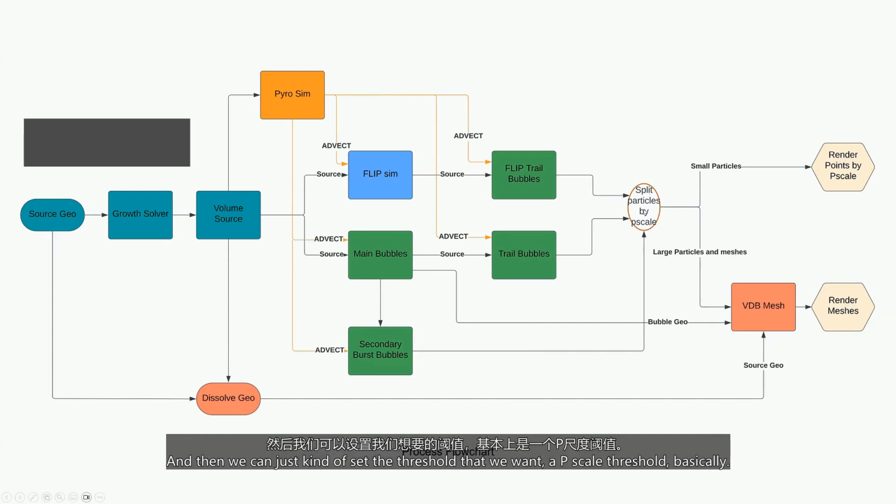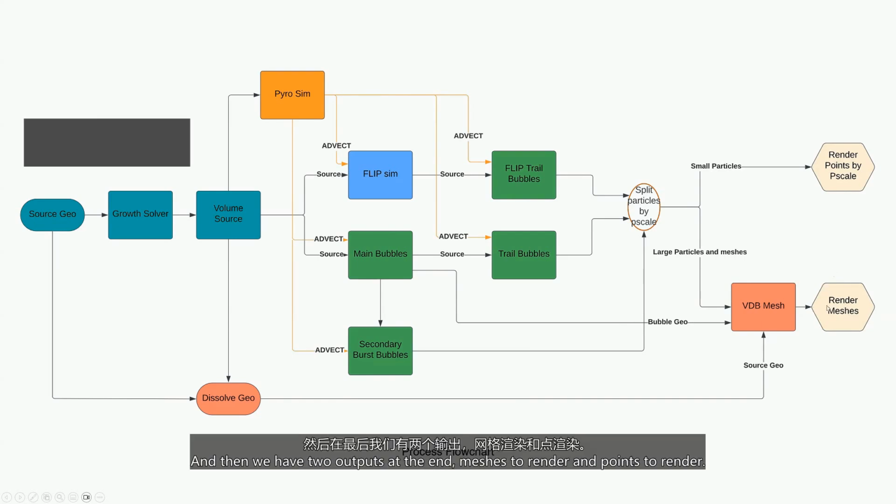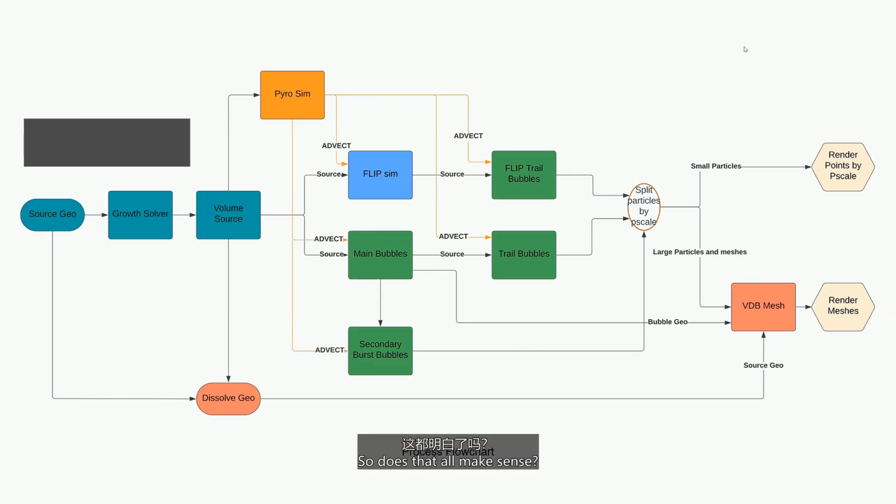We can set the threshold that we want, a p-scale threshold, basically. One thing I'm missing here is that the flip sim does actually feed into this VDB mesh. So everything goes through here, and then we have two outputs at the end: meshes to render and points to render. Does that all make sense?